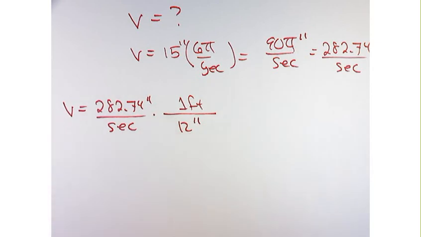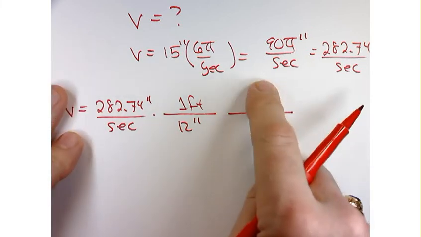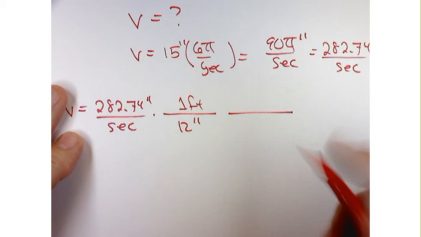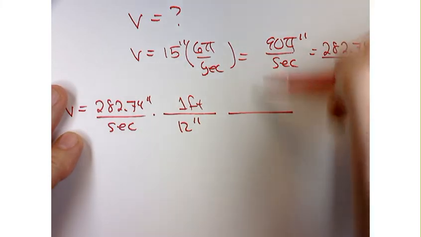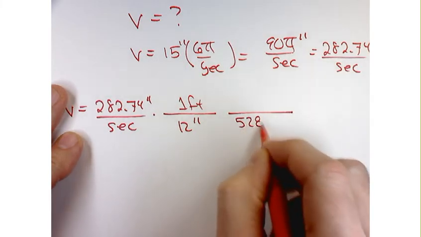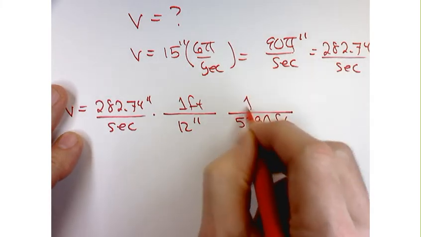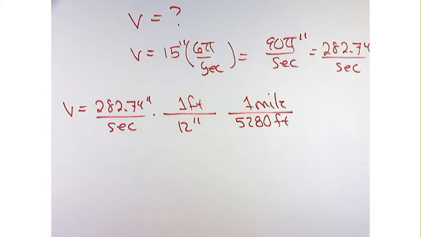And so once I've got that, then I want to get rid of units of feet and end up with units of miles. So where's feet going to be, in the numerator or denominator if I want to get rid of it? Denominator. So 5,280 feet is 1 mile. So this is what I got to multiply by to get rid of units of inches and end up with units of miles.